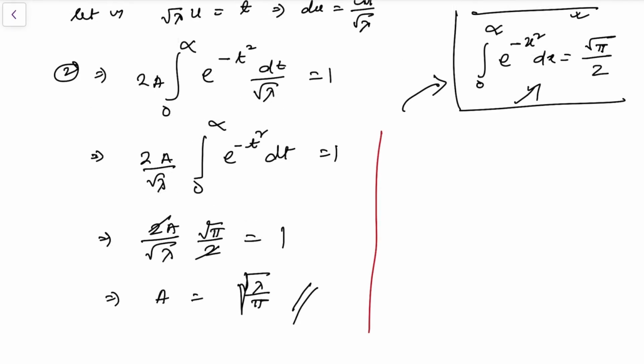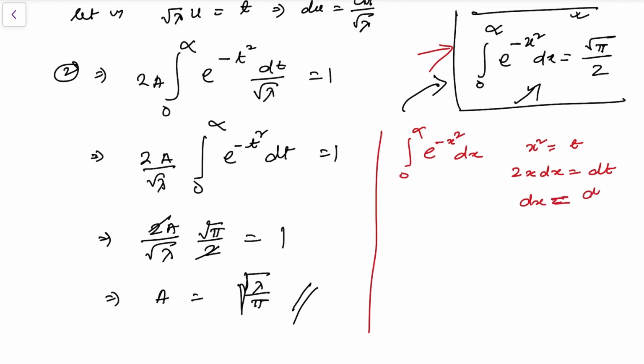Now let me show you how to solve this integral as well. So here you see, if you take the left hand side, integral from 0 to infinity e to the power minus x square dx. If you consider that x square as t, then twice x dx will be dt, and in that case dx will be equal to dt by twice x.